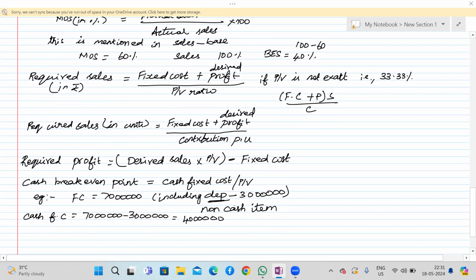If PV ratio is, for example, 40 percent, then my cash break-even point will be 40 lakhs divided by 40 percent. That means 1 crore will be my cash break-even point.